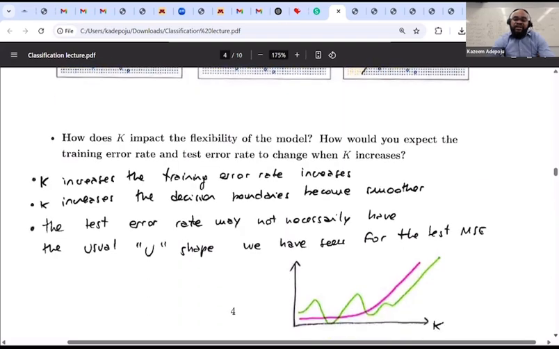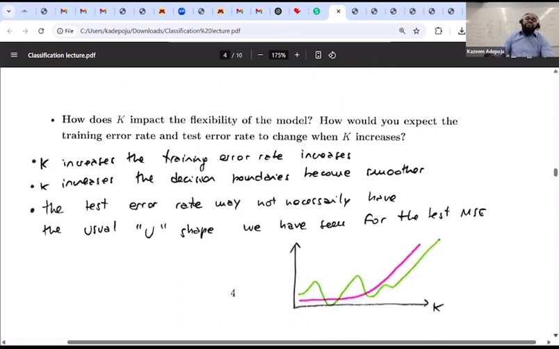So how does K impact the flexibility of the model? How would you expect the training error rate and the test error rate to change when K increases? There's something that I really want to talk about. When K increases, the training error rate increases.